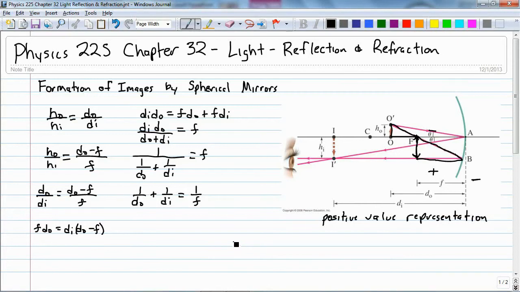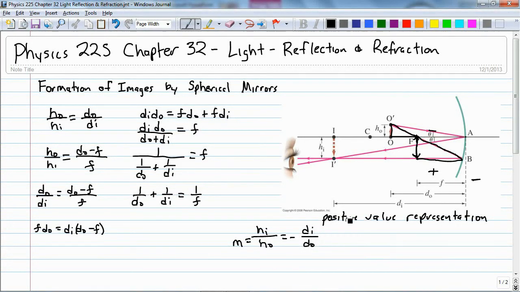And our magnification, M, turns out to be, in this case, you see that the object is oriented in the up direction, the image is oriented in the down direction, so our magnification, HI over HO, ends up being a negative DI over DO.